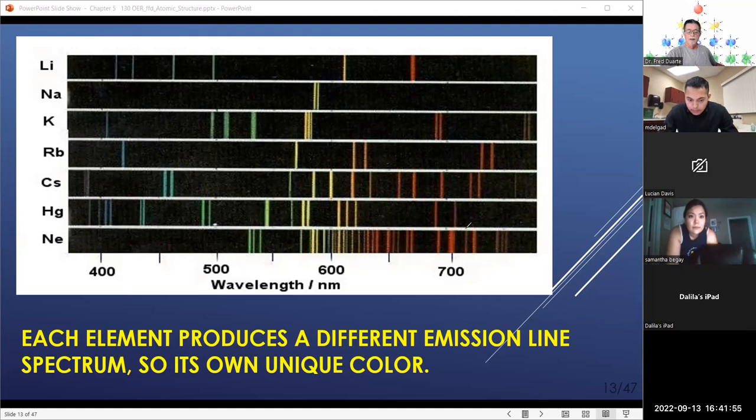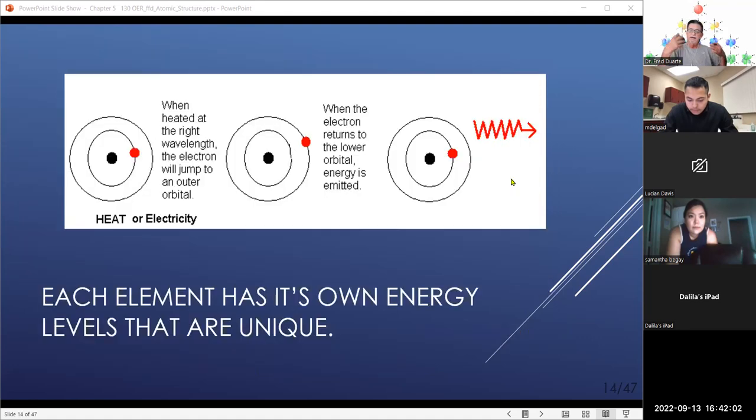And so that tells us that what is happening here is that these electrons are being excited from the ground state to the excited state, to the next energy level. Okay, and that's demonstrated here. So let's say we have our electron here orbiting around the nucleus. Okay, and so it gains energy by electricity.